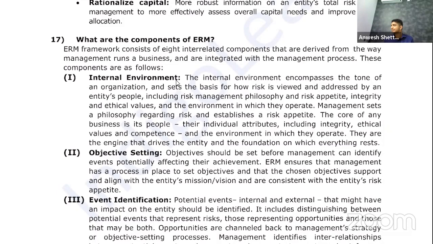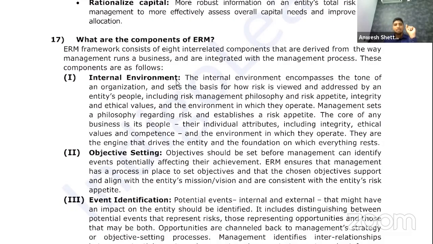The full form of ERM is Enterprise Risk Management. Good. Vamsi has given the answer. Arun has given the answer.